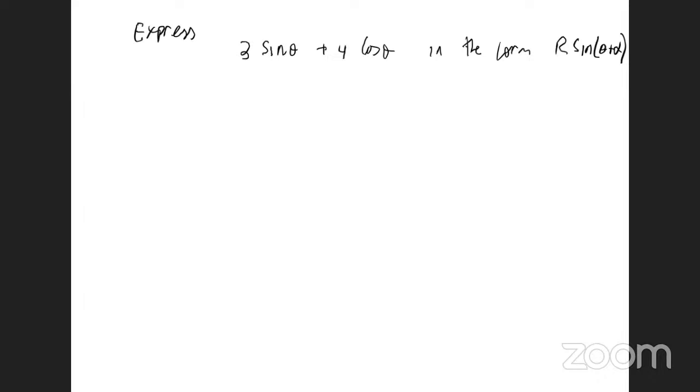So let's do it together. A is how much? A is 3 and B is 4, right? So we could easily find R. R is the square root of 3 squared plus 4 squared. All okay with that? So that should be 5. Now we're going to compare both of them.